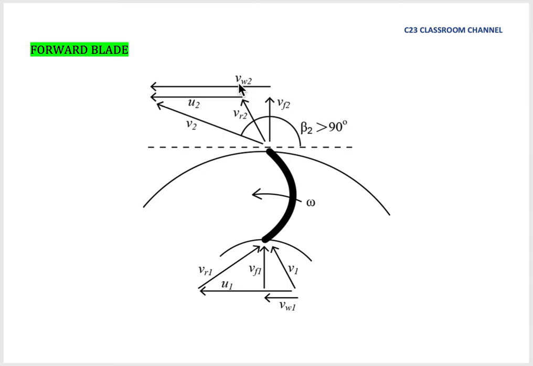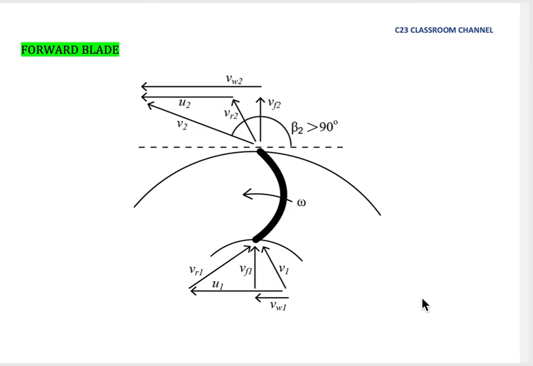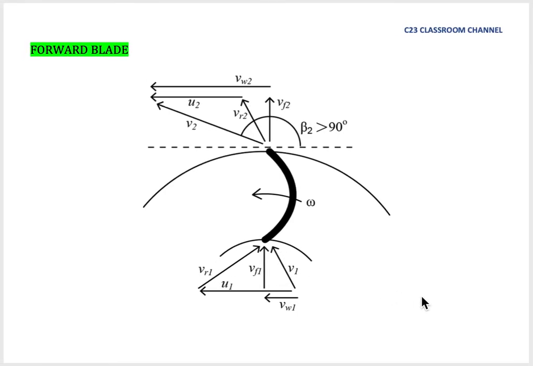Because we have turbulence, but I use the symbol V2 here. So we must connect VF2 here with V2 here. At the inlet, we need to draw V1 here and continue with VF1 here. So this is the velocity triangle for the forward blade.